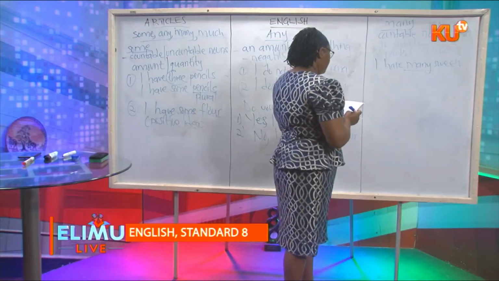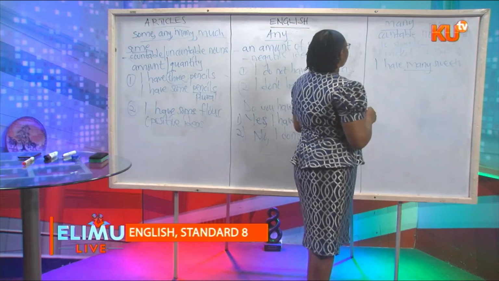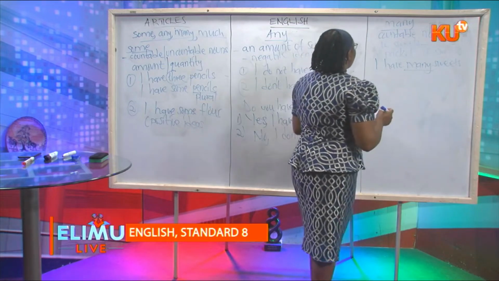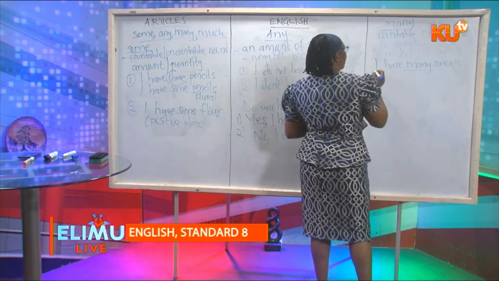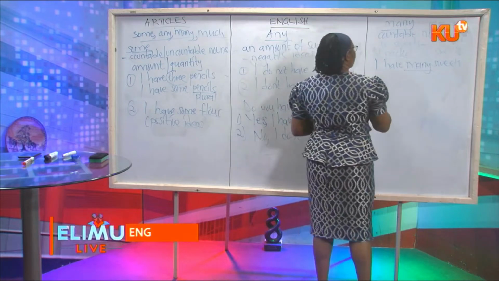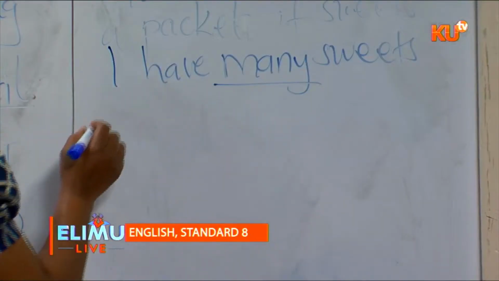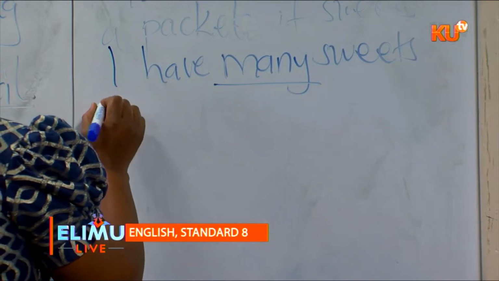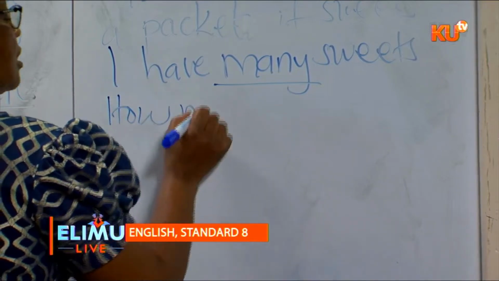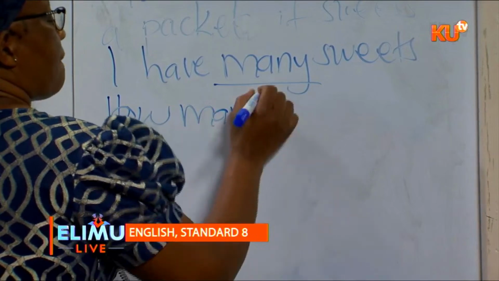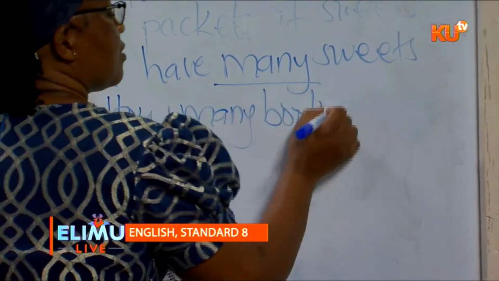Before we move to the other one, which is much, we can also use determiner many in asking questions. So it is used interrogatively. For example, how many books do you have?